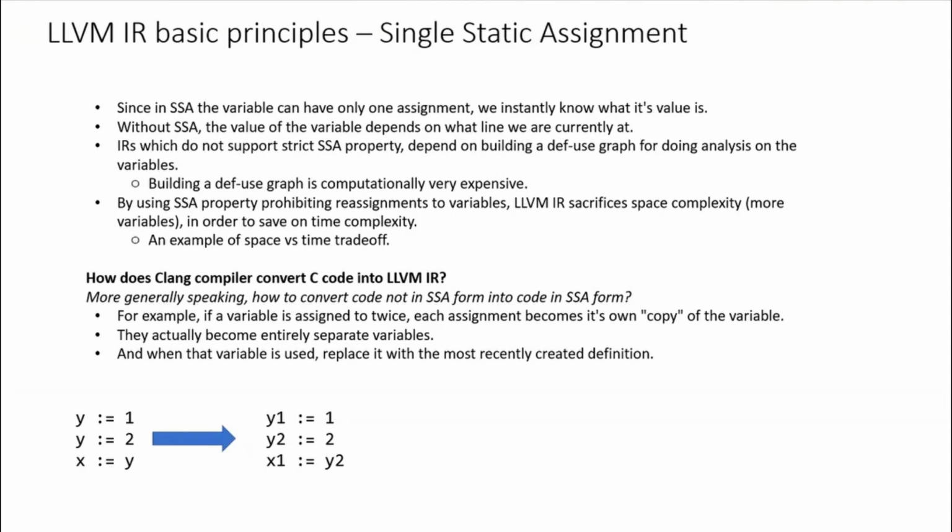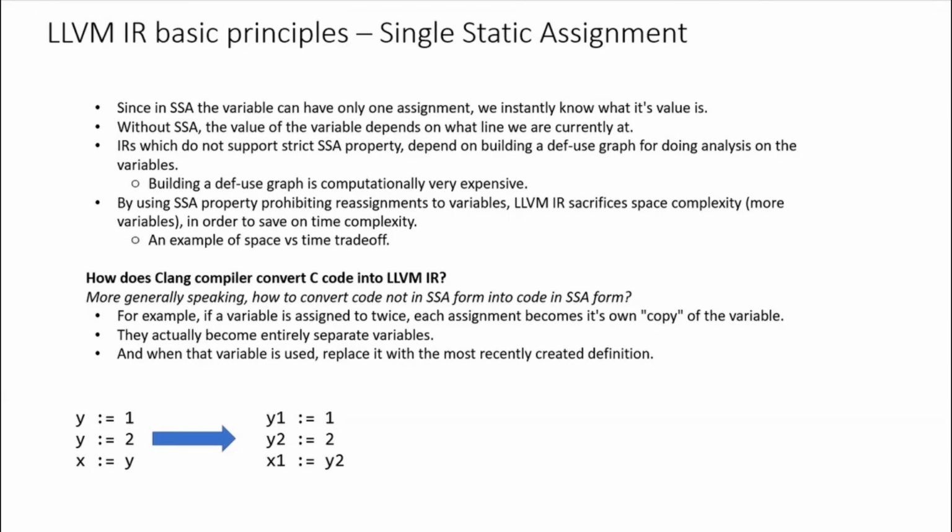So intermediate representations which do not support strict static single assignment property depend on building a def-use graph for doing analysis on the variables. And building a def-use graph is computationally expensive. So by using the static single assignment property, prohibiting reassignment of variables, it makes things simpler.